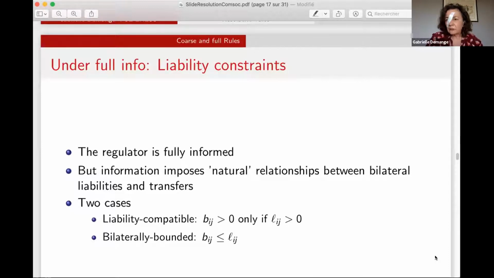In particular, a firm I may not want to reimburse J if it has not borrowed from J, or it may not want to reimburse more than what it has borrowed. Okay, so there are two cases. Bilateral bounded is stronger than liability compatible. So these conditions are, again, like legal conditions.